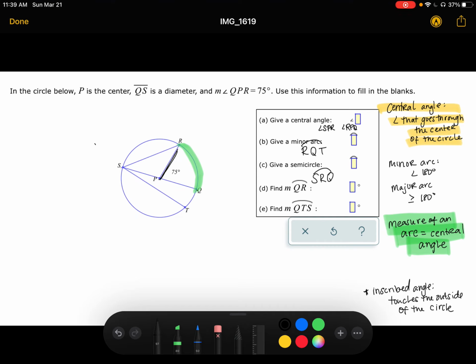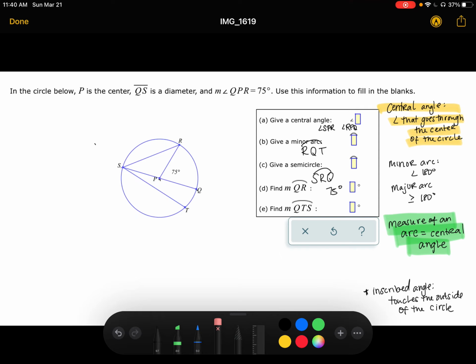Like this is your angle, and then the arc is attached to it. That's the only time this rule applies, because there's a specific, different rule if it goes all the way out. Because it goes from this side to the middle, the measurement of the angle is the same as the arc. So because this angle is 75 degrees, the arc is also 75 degrees. Actually, I'm going to write that to the side so you can see it better. So that is 75 degrees.